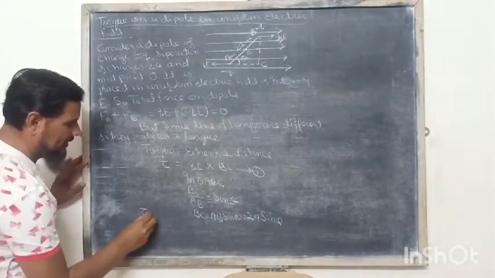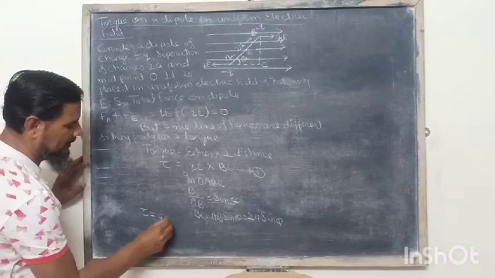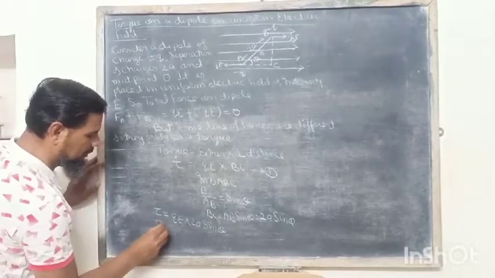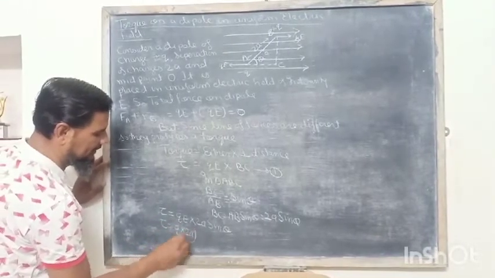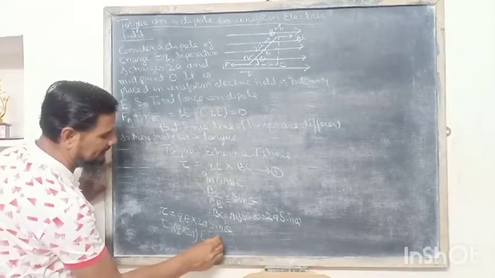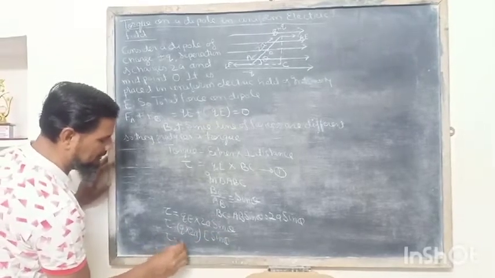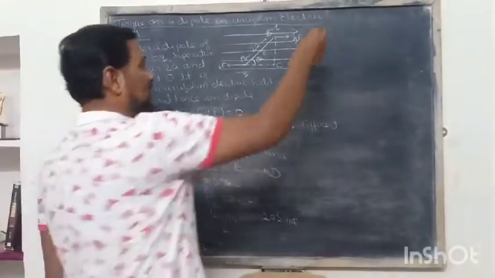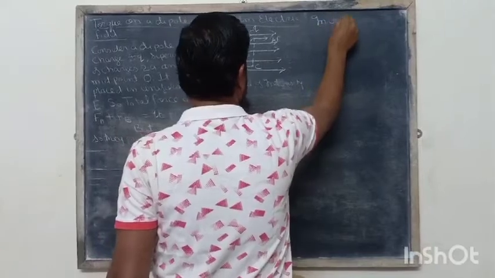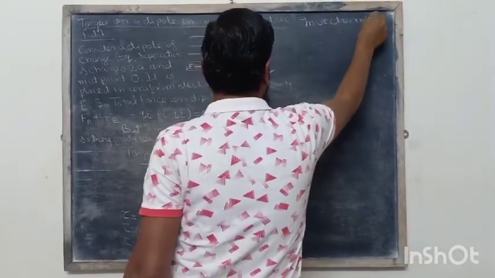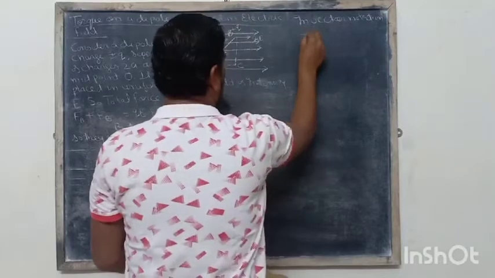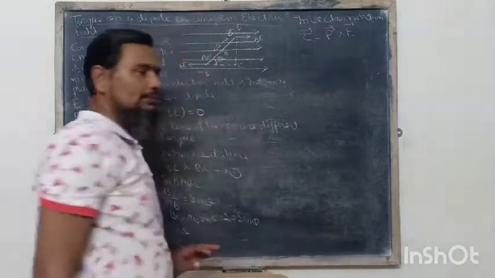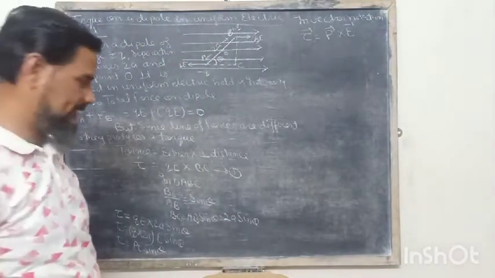So torque tau is equal to QE into 2a sine theta, or tau is equal to Q into 2a into E sine theta, or tau is equal to PE sine theta. In vector notation, tau is equal to P cross E. This is the cross product of the electric dipole moment and the electric field intensity.